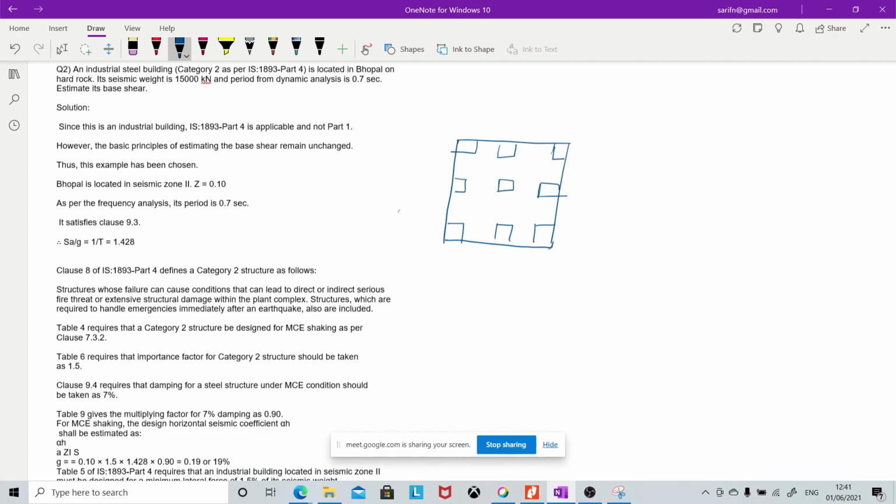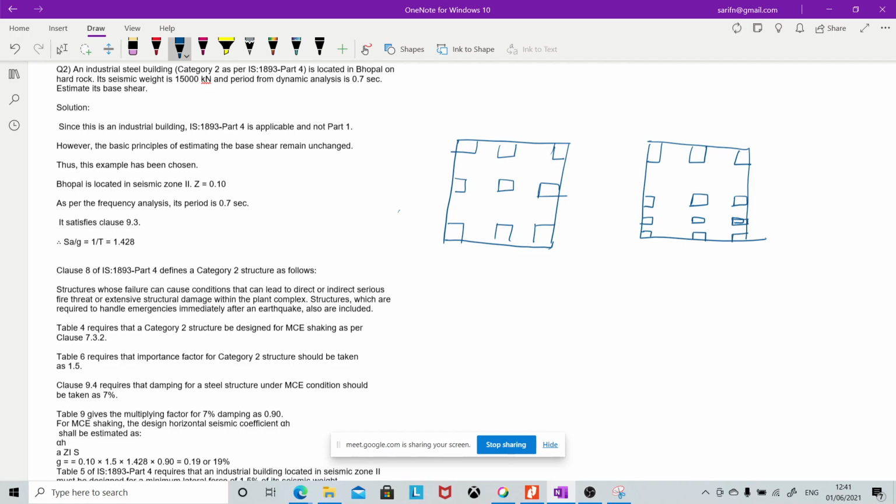Now I will also draw one more plan. Assume that all the columns are of the same size.